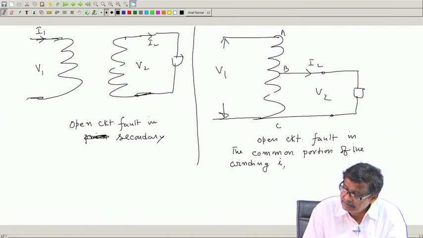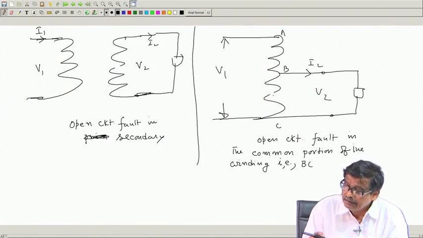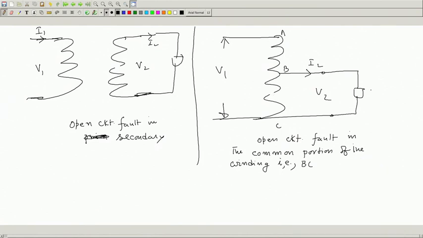In portion B C an open circuit has taken place. What happens to this current? This time we find that current can flow, V1 is there, through this current will flow, which was not possible here.